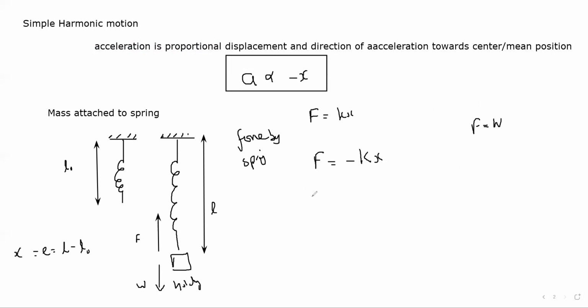So in place of F, we can write weight, and weight W is equal to mg. Because if it is in a vertical plane, then W is equal to mg, and the force is equal to the weight.